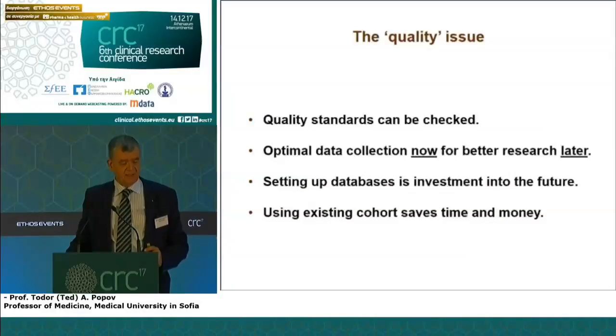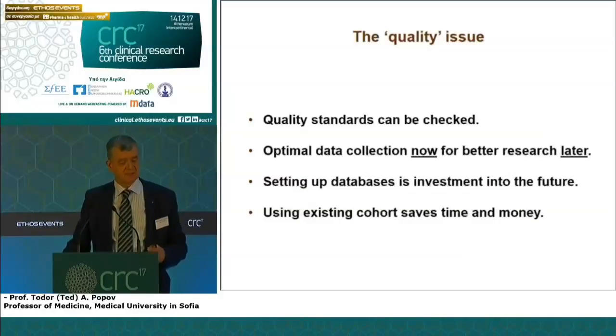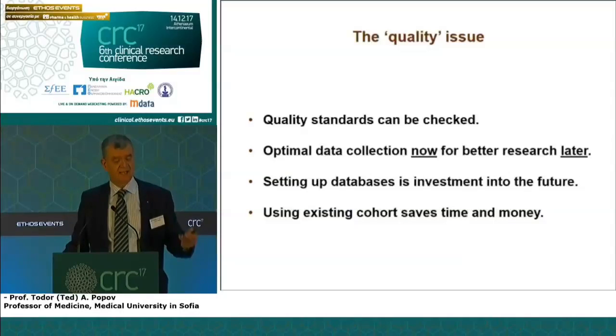Optimal data collection should be made at the time of putting together the database so as to get better results later. Setting up databases is an investment into the future. Using existing cohorts saves time and money.